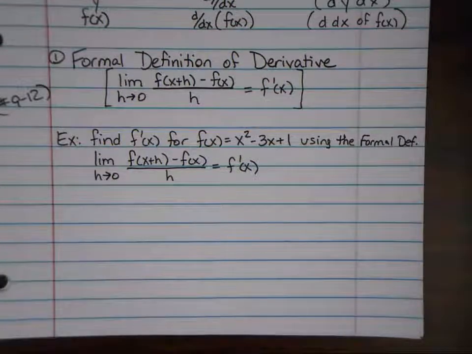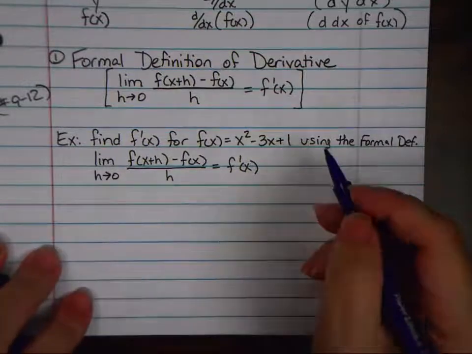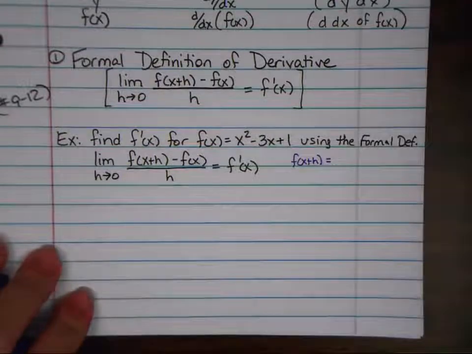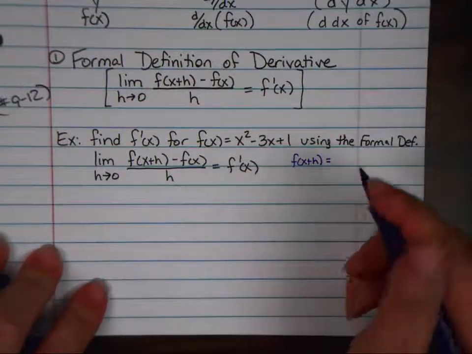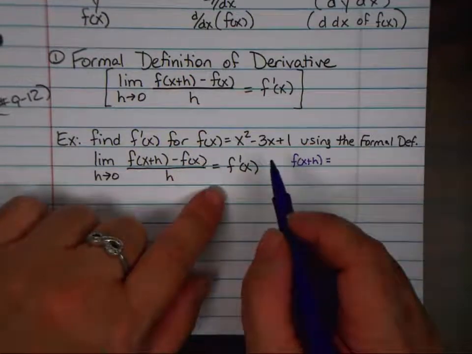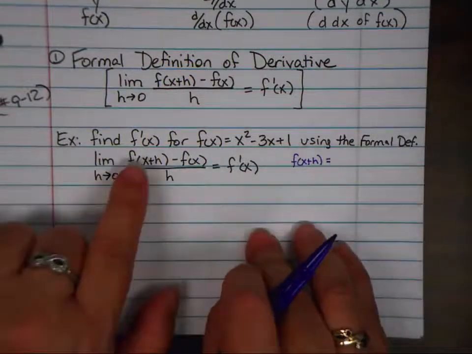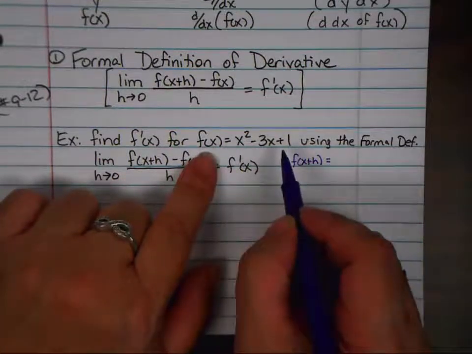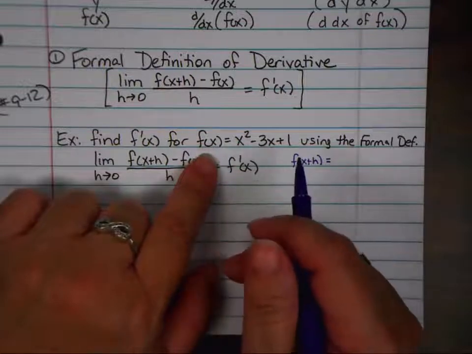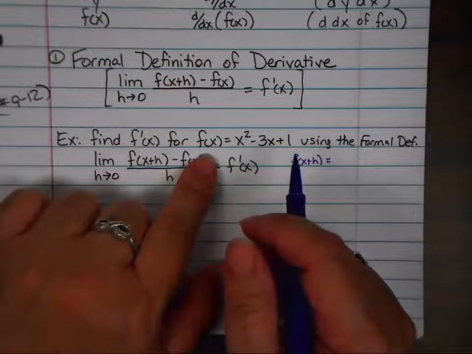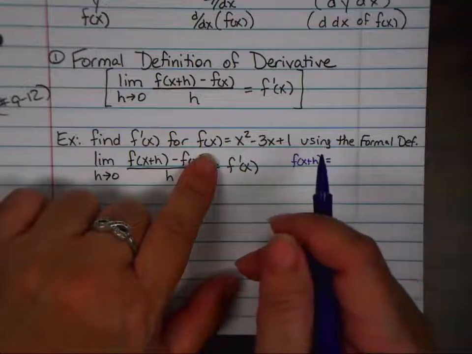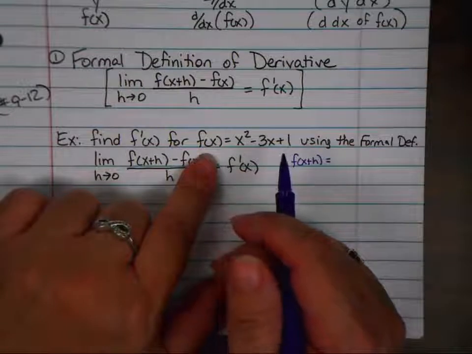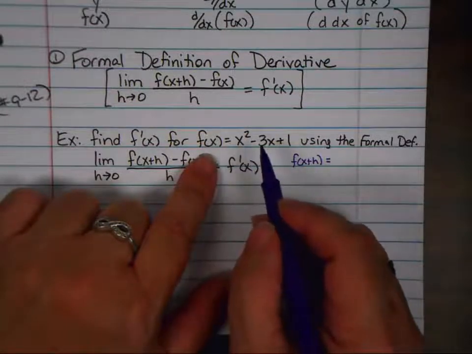So I'm going to write that in the margin. Some of you may already be able to do this in your head, but I want to talk about it for those who don't just quite see it yet. The more you practice with this, the easier it gets. Okay? So I need to know what is f of x plus h, because I got to plug it into this equation. Now, it's based on this function right here. If I asked you for what f of 0 is, what would you do? Plug in 0. If I said what is f of b, all of the x's would do what?